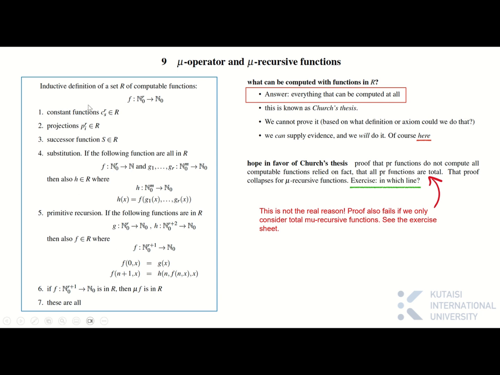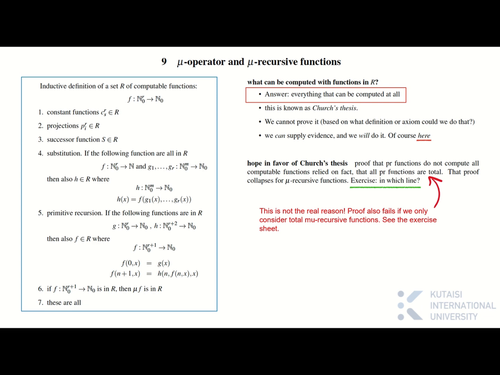So the bounded mu doesn't add anything else. It stays within rules 1 through 5. We proved this. But if you add an unbounded mu, you get more functions, and the Church thesis says that your intuitive notion of what it means to compute something, your algorithm, your intuitive notion of computability, is exactly these 6 rules, and it says that nothing else is computable. So these rules are exactly everything that can be computed theoretically.